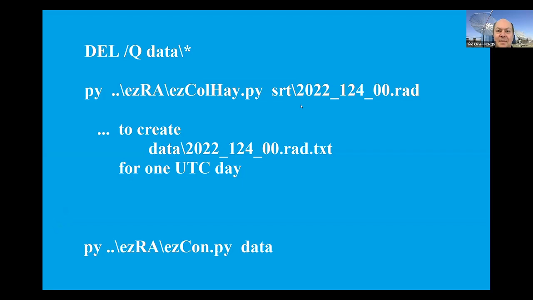That created one Ezra.txt file in the data directory. I analyzed it with this simple command down here below. Those commands create one file for one SRT data file, commonly one whole UTC day.